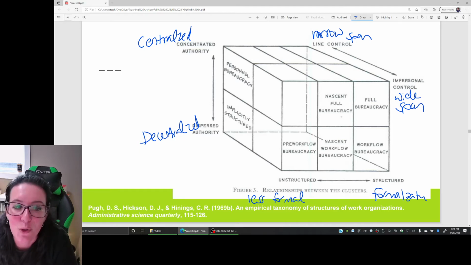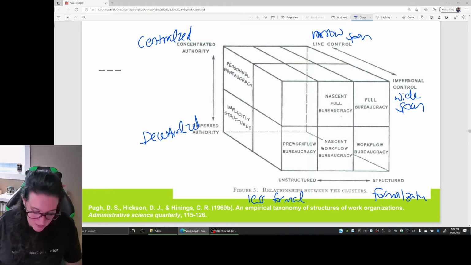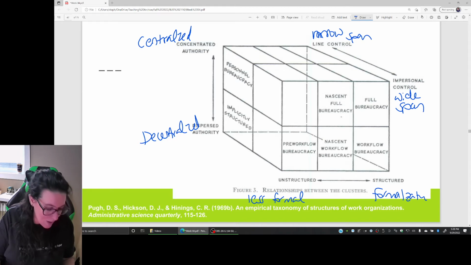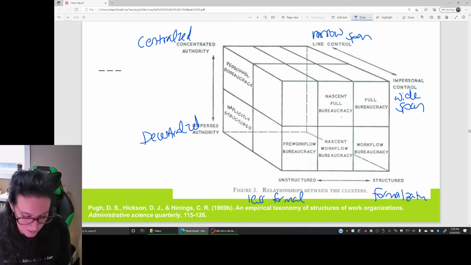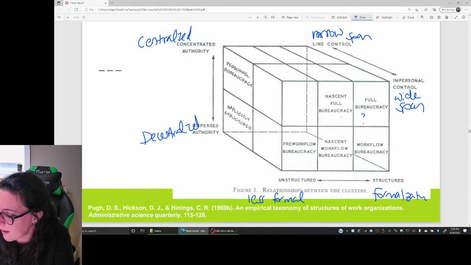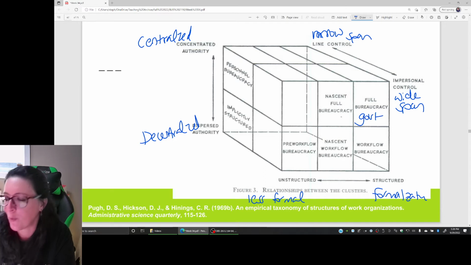All right, so then he names a number of different types of organizations: implicitly structured, pre-workflow bureaucracy, full bureaucracy, and so on. So let's translate those. What does he mean by these different ones? Well, let's start with the government. So when he talks about public sector, government work, that's the full bureaucracy.